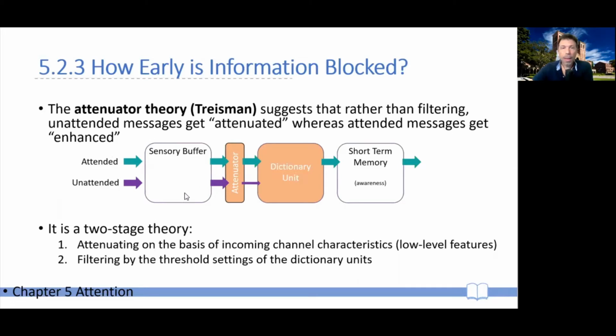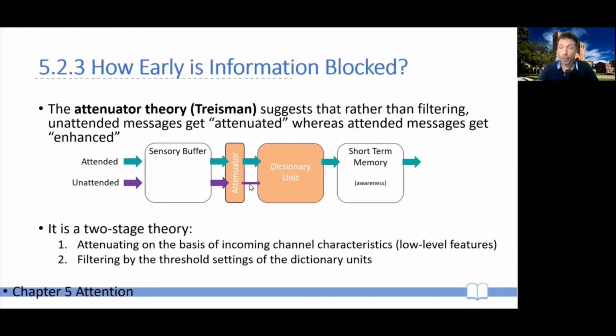From there, these two channels of information get sent to the attenuator. The attenuator enhances the volume of the information you care for, and it diminishes the volume of the information you don't care for. So you don't lose the information. You just turn down the dial on the volume so that that information is not actually lost.